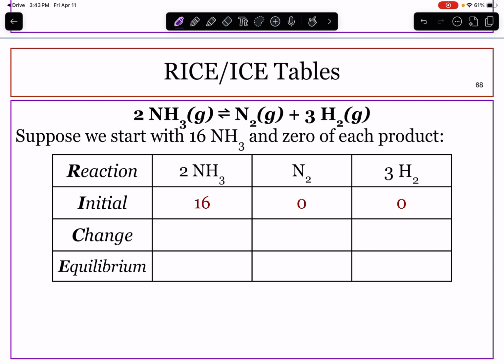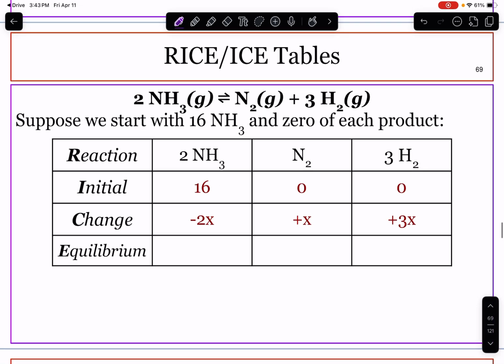Then we allow the system to reach equilibrium, and the change row is filled in with values of x. The number in front, the 2, or the invisible or implied 1, or the 3, come from the coefficients, 2, 1, and 3. So that means NH3 will change by a value of 2x, and we're going to subtract that amount from our initial. We're going to add a value of x to the nitrogen and add a value of 3 times x to the hydrogen.